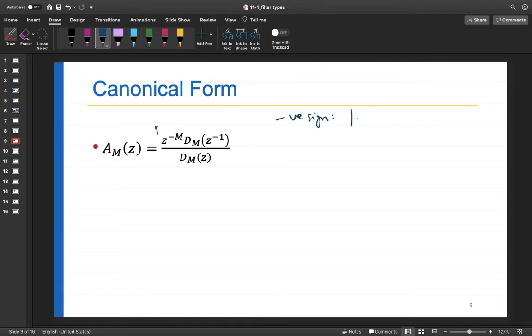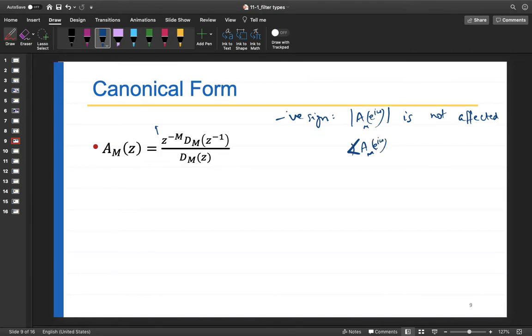For the magnitude response, it is not affected by the negative sign.